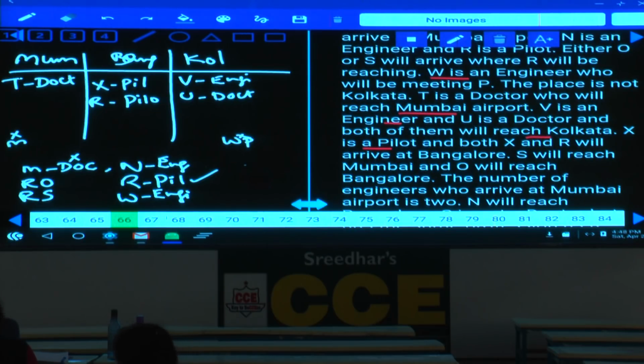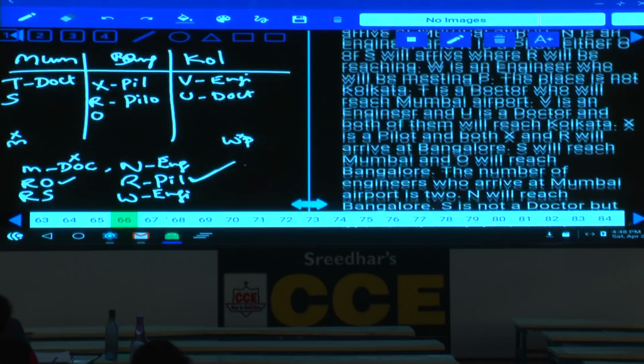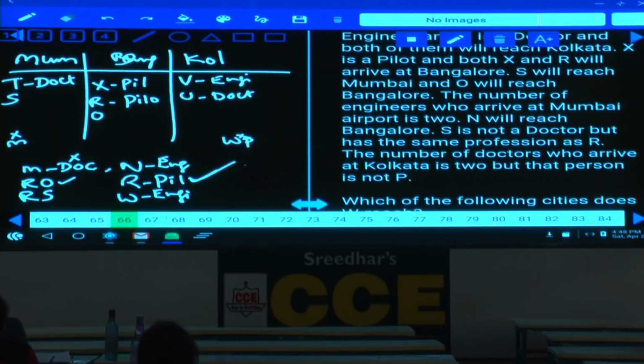Earlier we had that information, R is a pilot, hence X and R. S will reach Mumbai, and O will reach Bangalore. As O is in Bangalore, that means R and O will be here. That information is not at all required, because as S is already here, O will be here. And next, S will reach Mumbai, and O will reach Bangalore, and the number of engineers who arrive at Mumbai airport is 2.